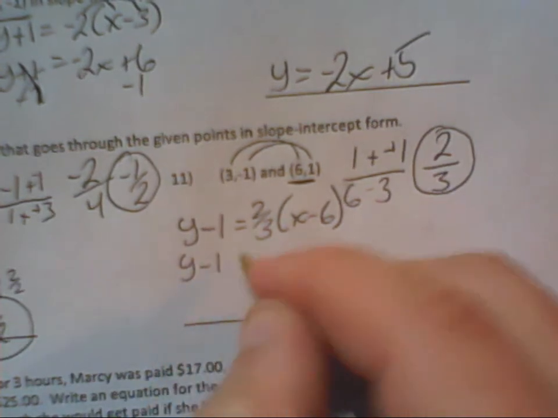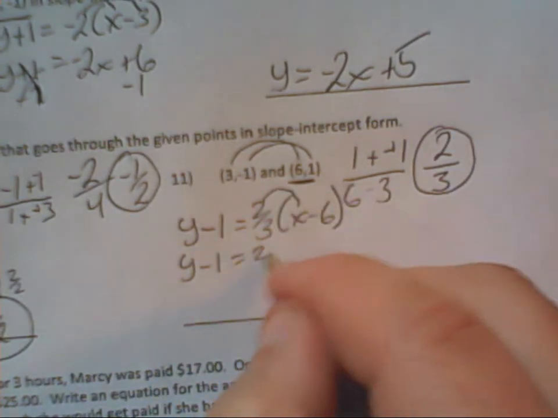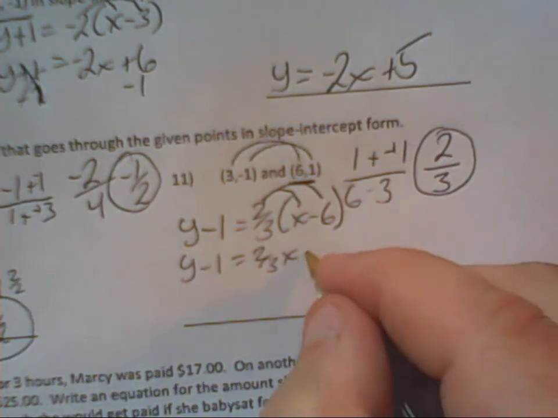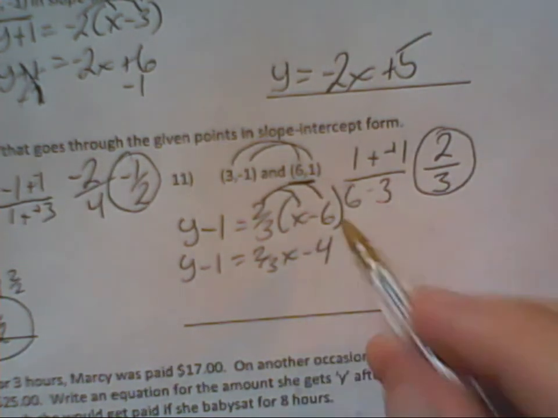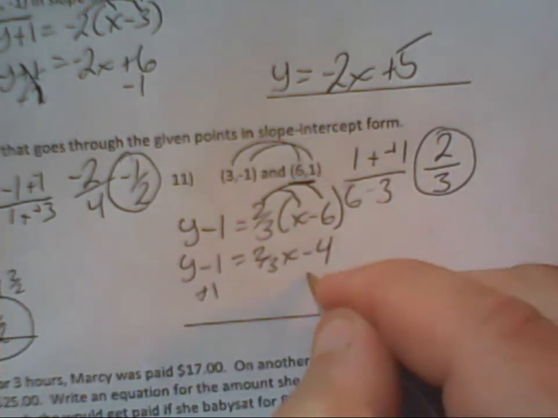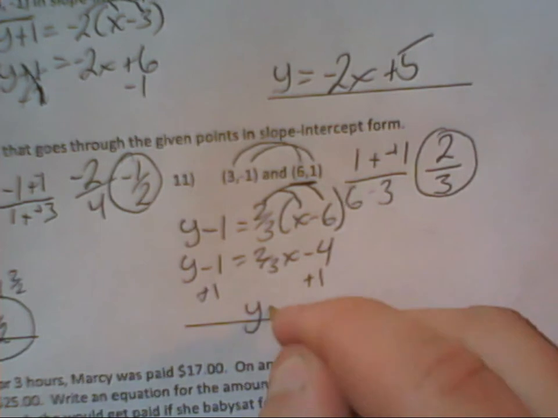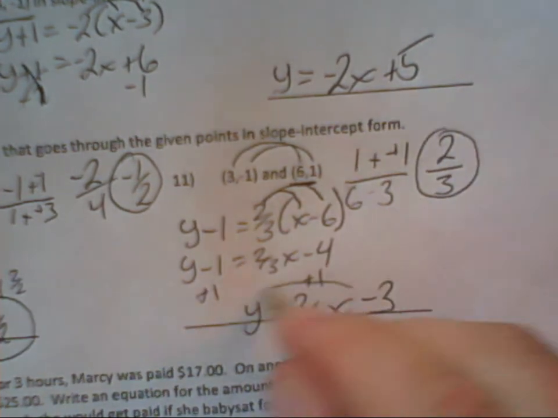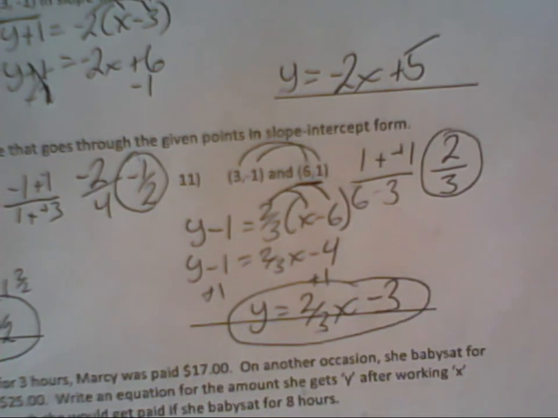So I have y minus 1 equals, if I distribute, 2/3 x, and then 2/3 times negative 6 is negative 4. 6 times 2 is 12, 12 divided by 3 is 4. Then if I add 1 to both sides, I will have y equals 2/3 x minus 3. And that is the equation for number 11.